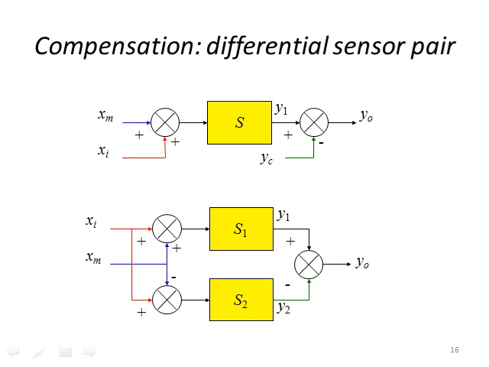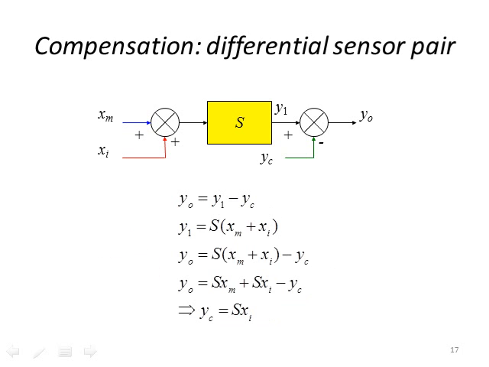Okay, and in this example you'll see on the top is this concept of having this correction signal YC that can compensate for your interfering signal XI. On the bottom, instead of having this signal manually input to the output, Y0, we add another sensor S2 that does this compensation with this differential sensor pair directly.